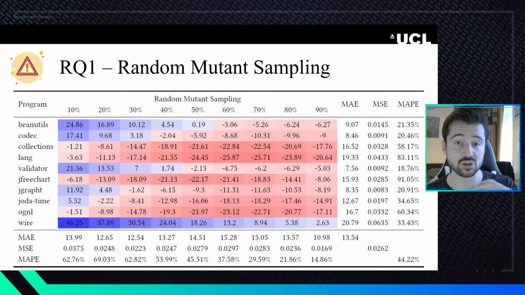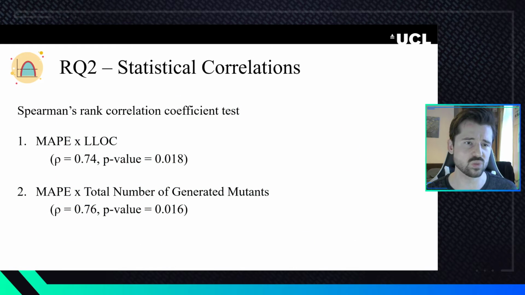In order to better understand how this works, we performed a set of statistical correlations between the properties of the systems under test and the errors found. To do so, we executed the Spearman's correlation coefficient test to find any correlation.